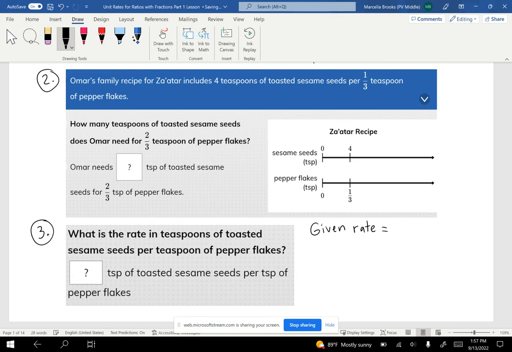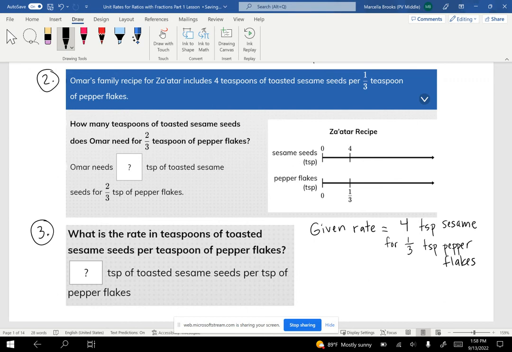Sometimes they give us the unit rate and sometimes they don't. So 4 teaspoons sesame for every 1/3 teaspoon of pepper flakes. So that's our given rate.